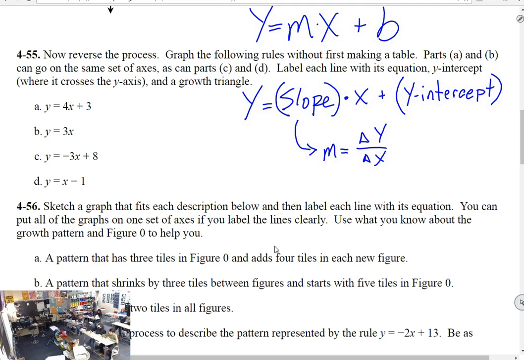A couple of classmates have decided to make all of these on the same graph. That's okay. If you want to make one big XY grid, use different colors or just label the lines, like line A, line B, line C.